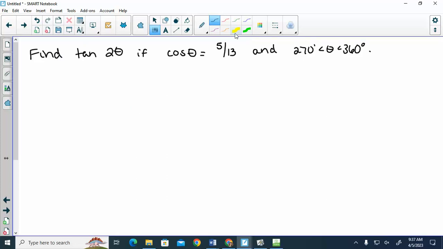So, tangent 2 theta. We have a formula for that. What is it?